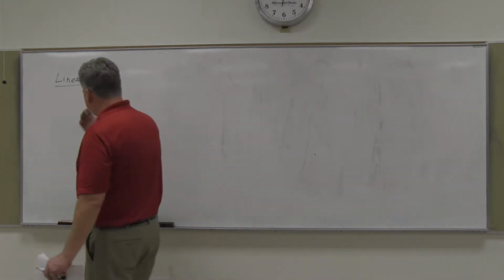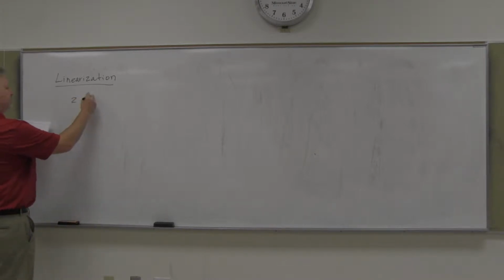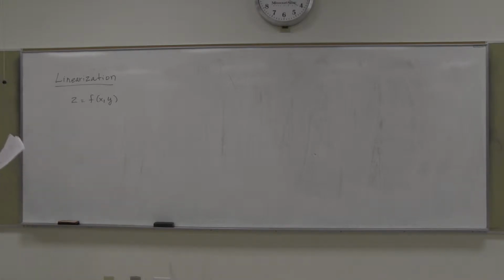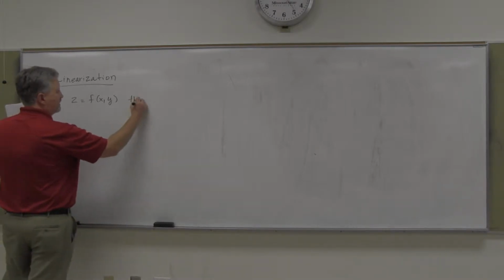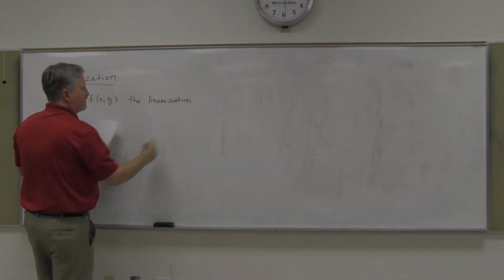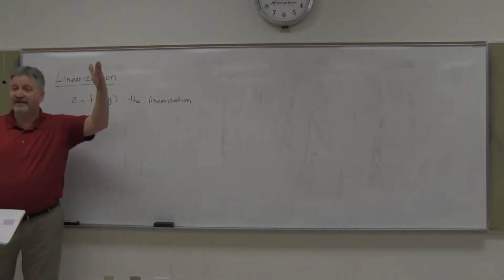Yeah, so we're going to also extend the idea of linearization to this three-dimensional context here. If I've got a function f of x, y, the linearization, remember that linearization for our two-dimensional version of this was just the tangent line.